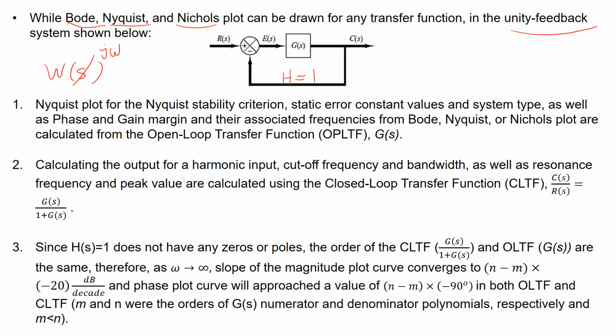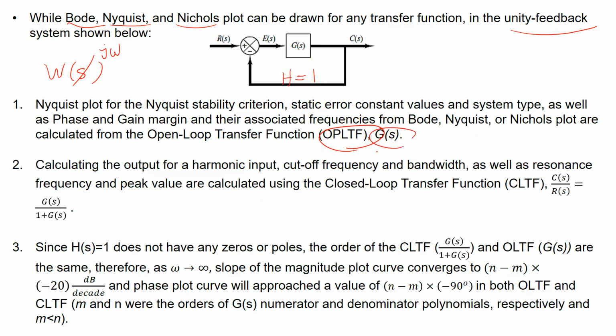So these plots can be drawn for any transfer function, including what? Including the open loop transfer function. In this case, what is our open loop transfer function? If you remember, open loop was G times H. But since H is 1, it is equal to what?